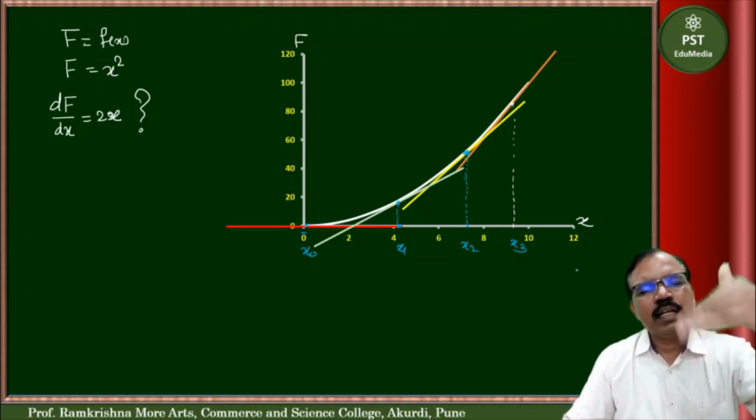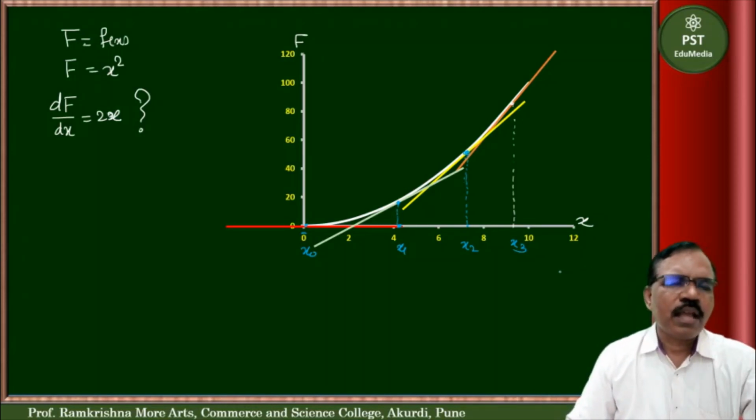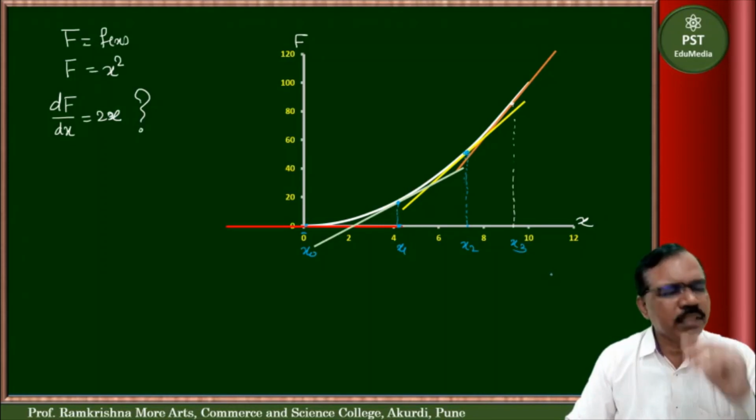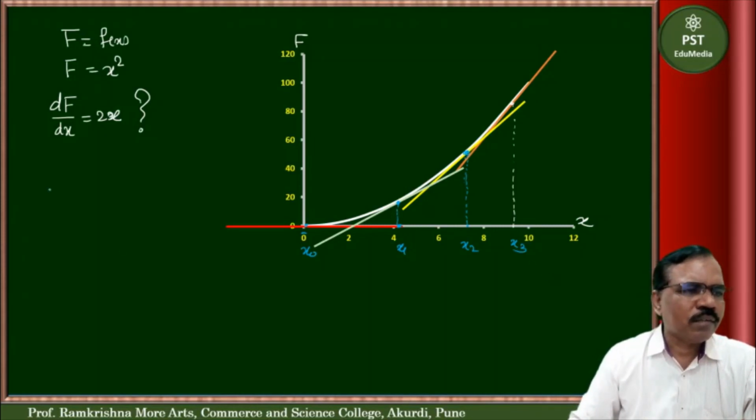So you can select number of points, and you can find slope of the curve f of x is equal to x square at that point. And now let us make table of x and corresponding df by dx.